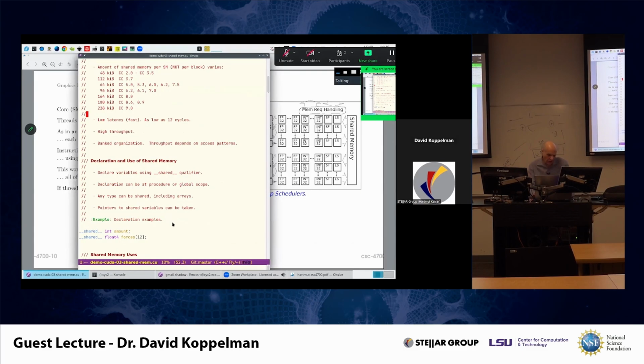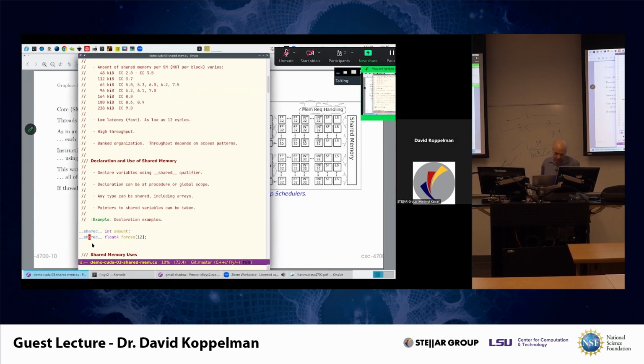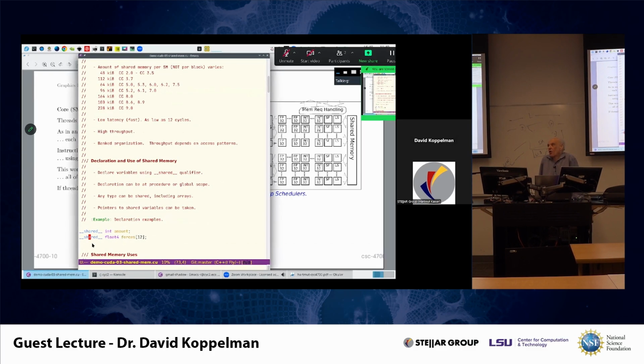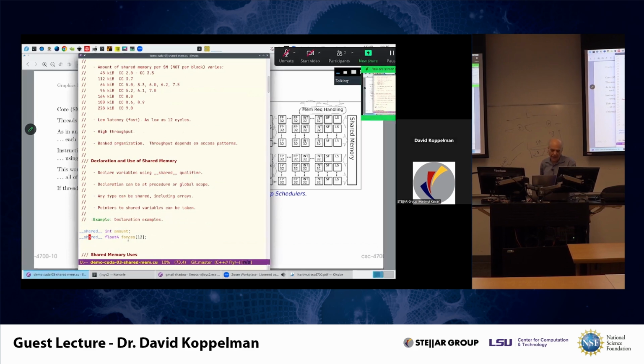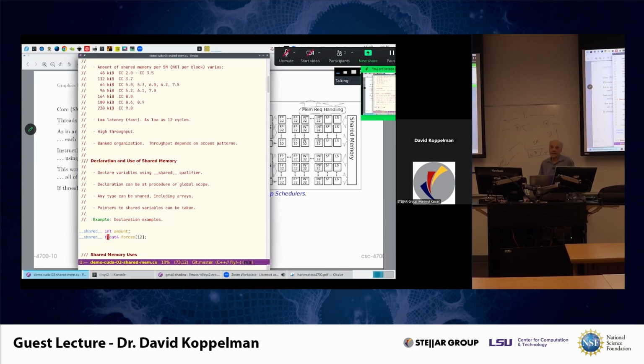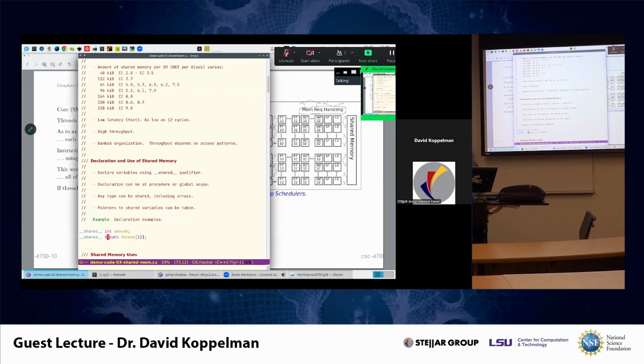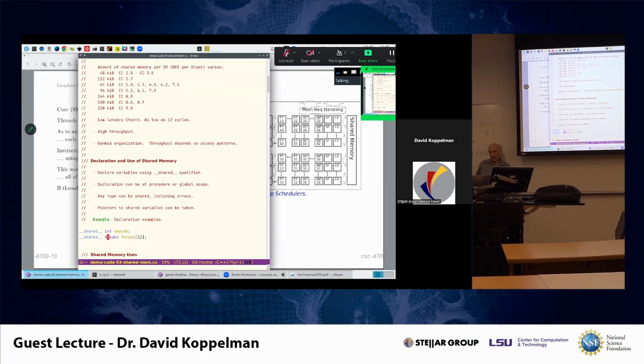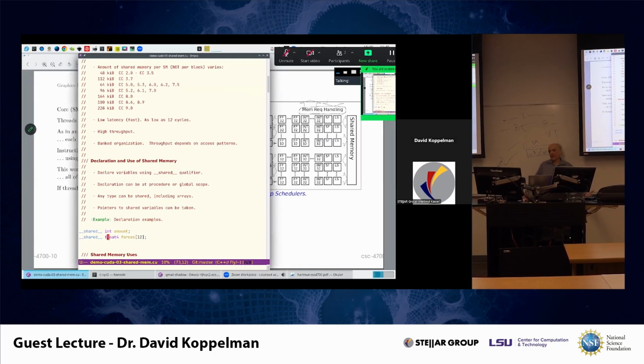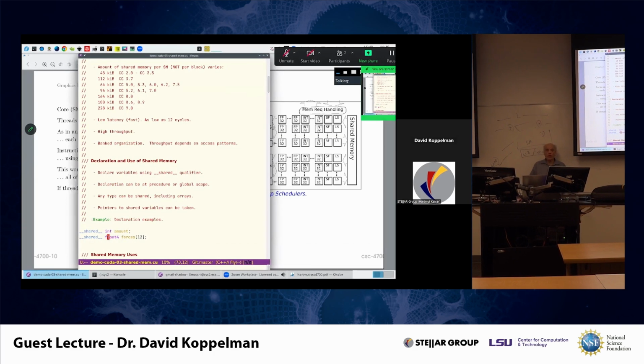All right, so to declare shared memory, use the keyword shared and follow that by any data type you want. I'm showing two examples here. An ordinary integer, and here we have an array, and by the way, float4 is a data type used in CUDA. Now, I've talked about the fact that GPUs' origins are in graphics.